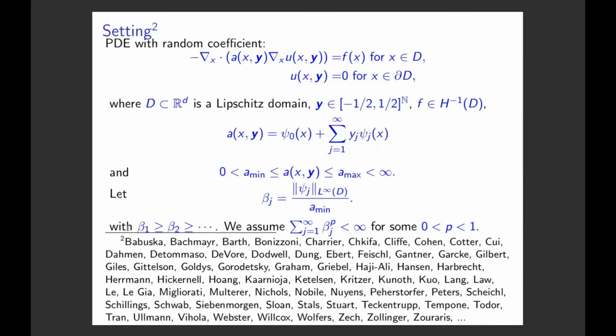We also assume that those betas are ordered in decreasing order, and we assume that this infinite sum of the beta_j to some power p, where p is some value between 0 and 1, is finite. And that guarantees that this sum converges for all x. It also tells us in some sense how fast this sum is converging.